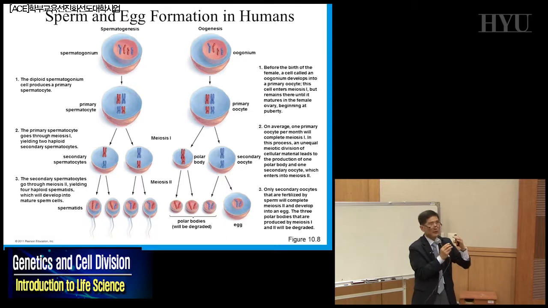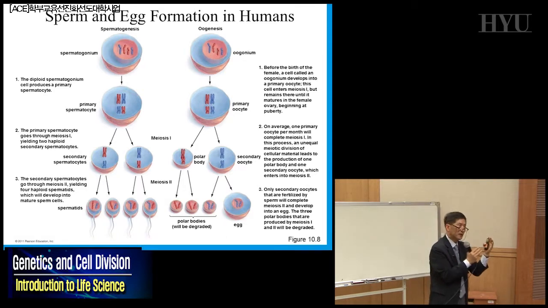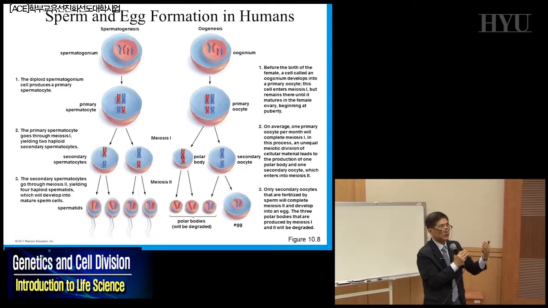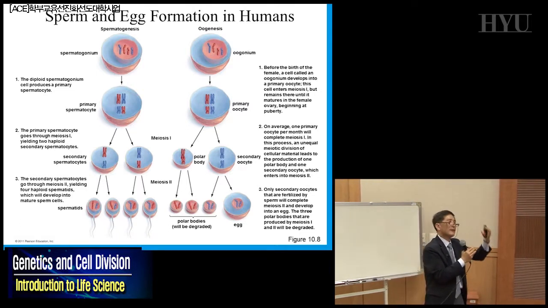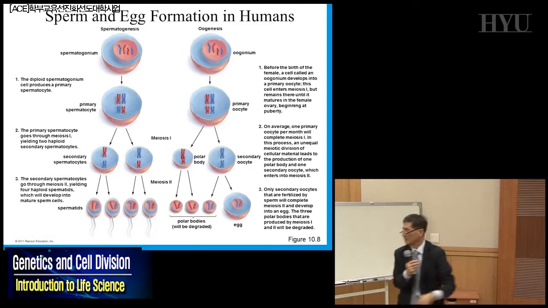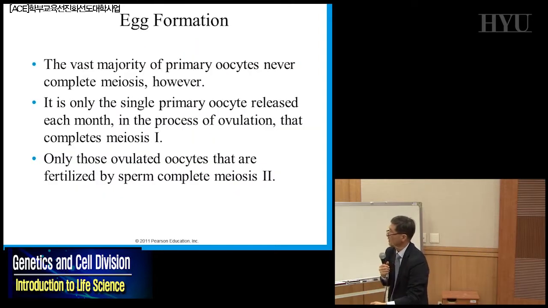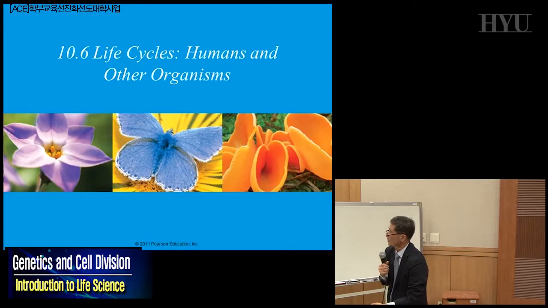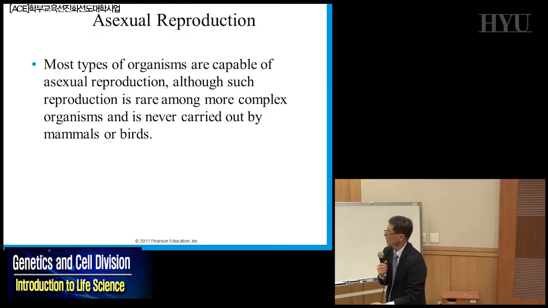You have to be very, very selective. On the other hand, in the male case, you're producing sperm forever. So your strategies differ, and we'll see that. So that's different.